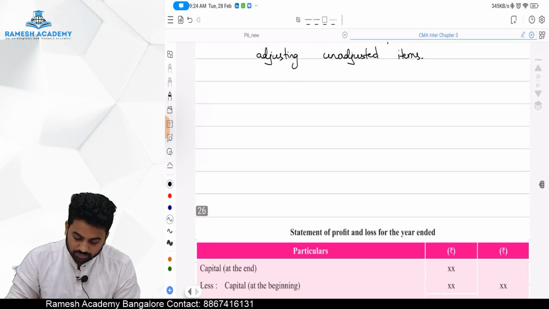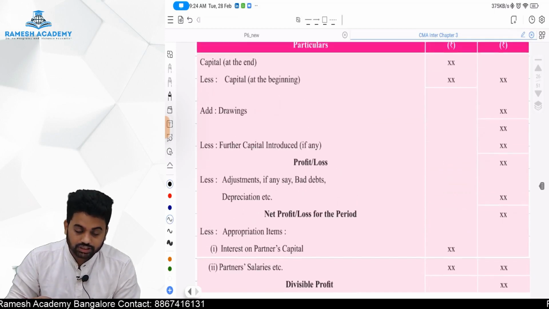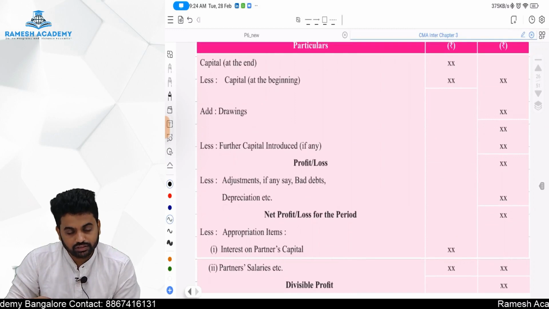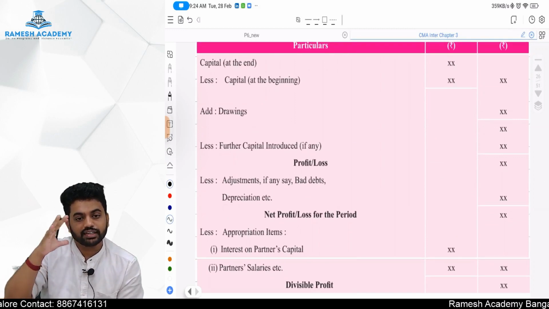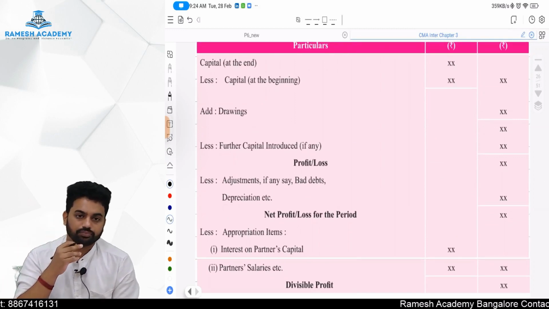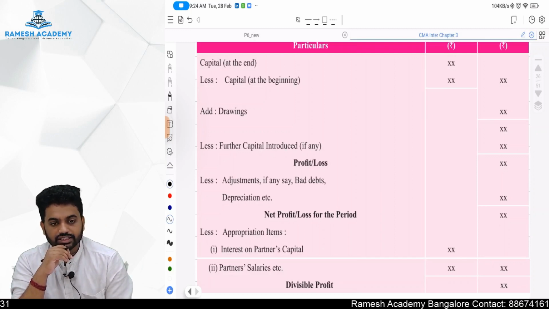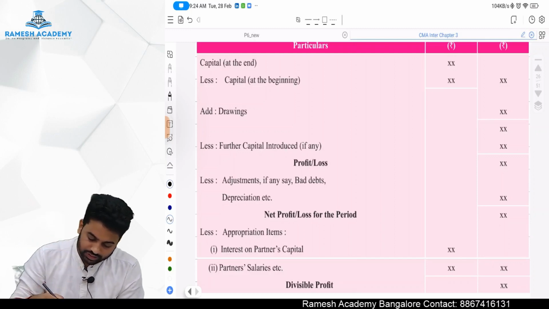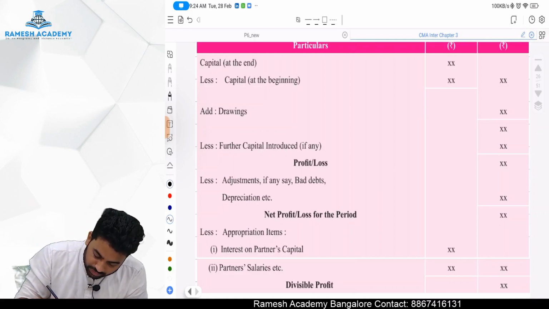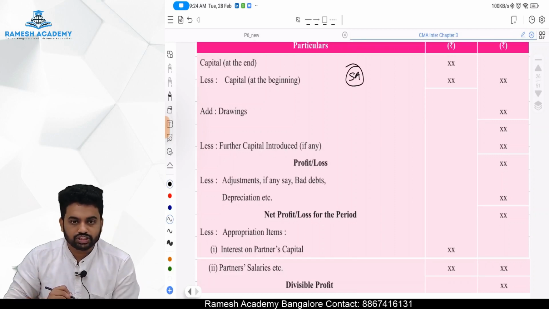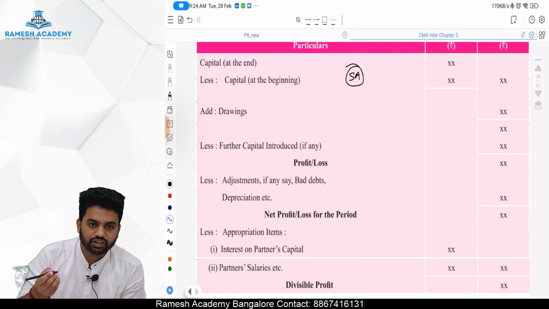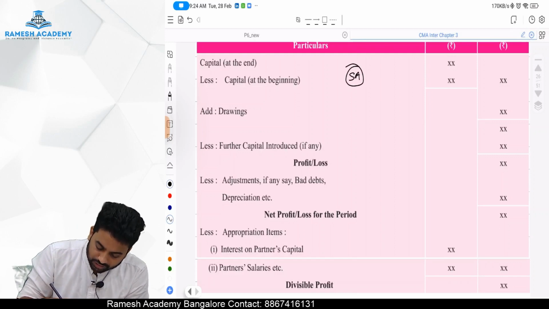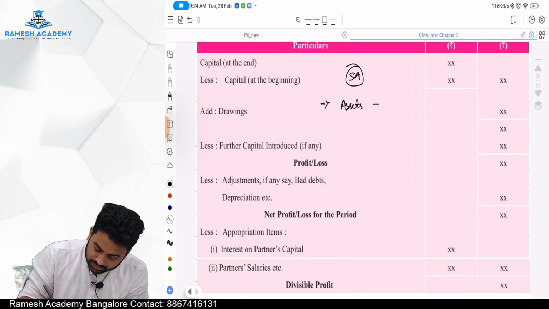Now the question comes, sir, how to determine whether it is already adjusted or not? Listen very carefully. In statement of affairs, how do we arrive at a capital? Simple, assets minus liabilities.